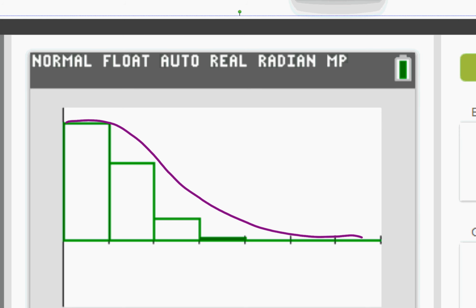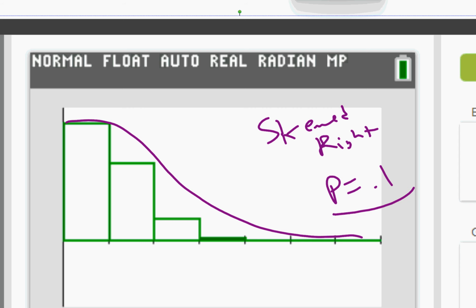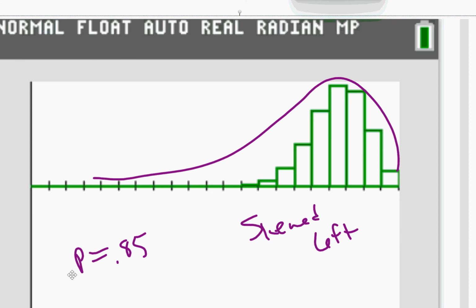This graph is skewed right. And notice in this problem, the probability, if you remember, was 0.1. So it turns out binomial distributions will be skewed, with the following rule. This probability here is less than 0.5, and so we ended up with a skewed right graph. This probability was greater than 0.5, and we ended up with a skewed left graph.